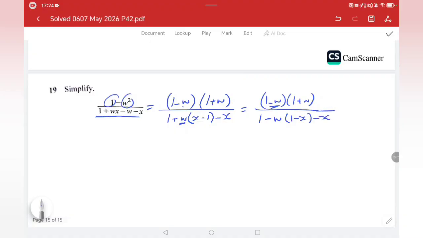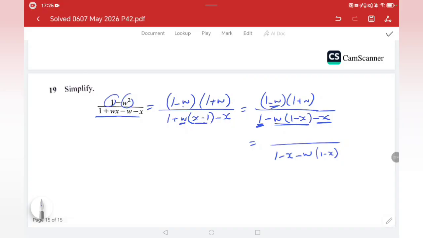Is it okay? If you change this x minus 1 to be 1 minus x, just change the sign outside. So if I look at this one and rearrange them, here is 1 and here minus x, so I will make 1 minus x. And this one is minus w and 1 minus x.